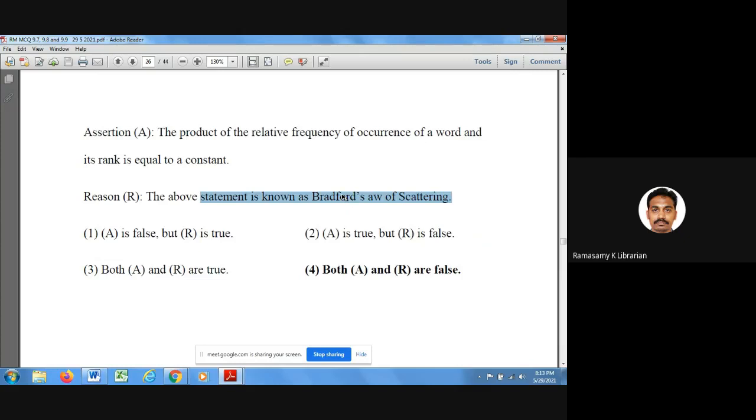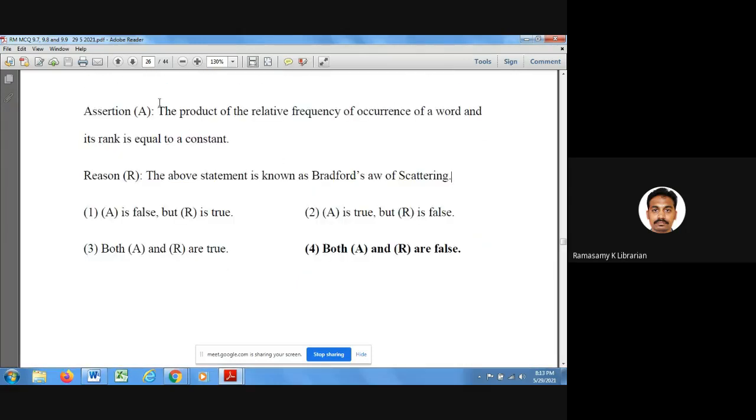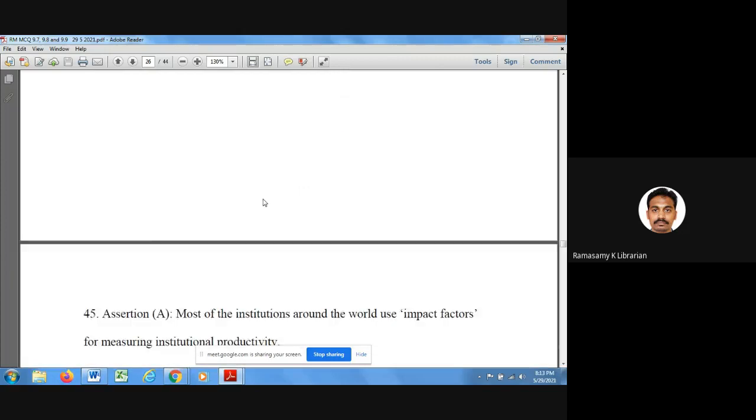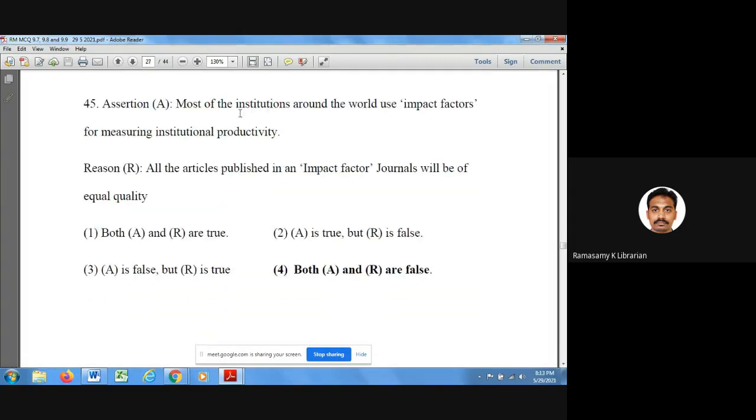We try to find out the core journals in a particular discipline. Okay, fine. So A is correct, but R is false. Then, most of the institutions around the world use impact factors for measuring institutional productivity. I'm sorry. Impact factor is not used for measuring the impact of institutions.